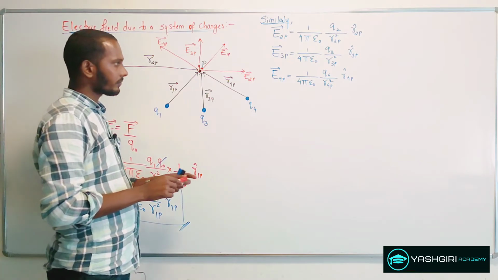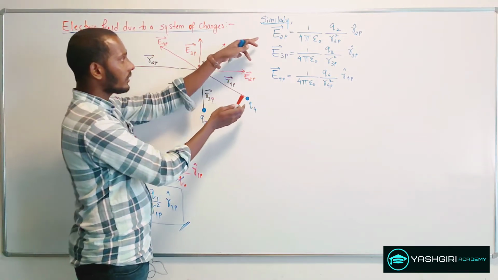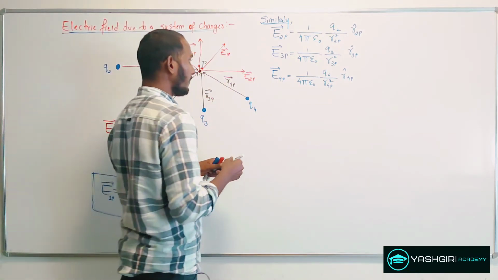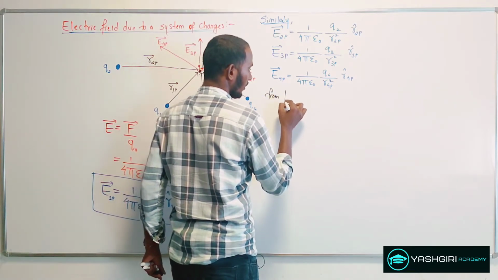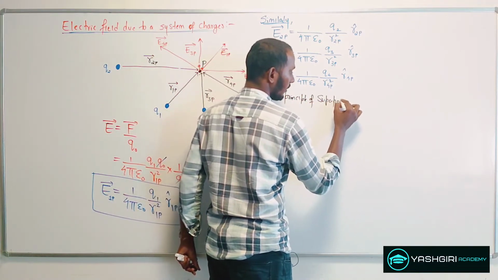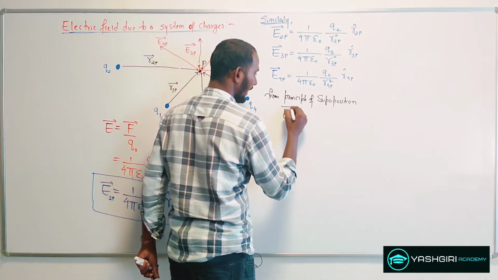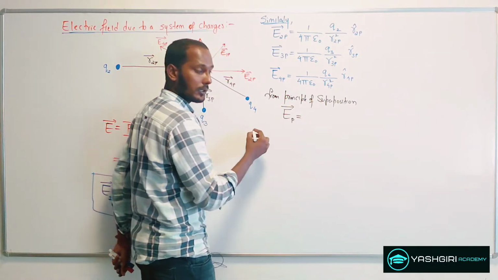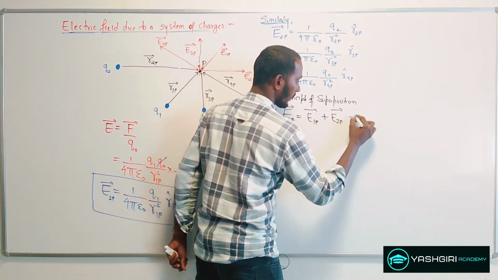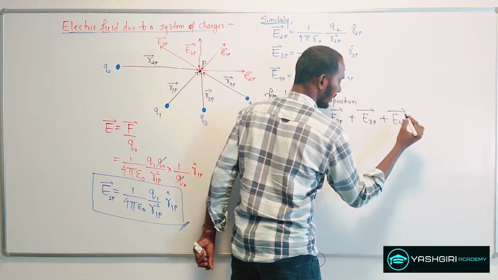Now here I can make use of the principle of superposition, that is adding all these electric fields due to the individual charges at the same point P. I can say that the total electric field at point P will be equal to just the addition of vector E1p plus vector E2p plus vector E3p plus vector E4p.